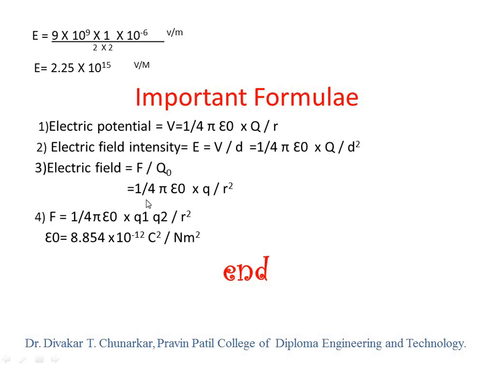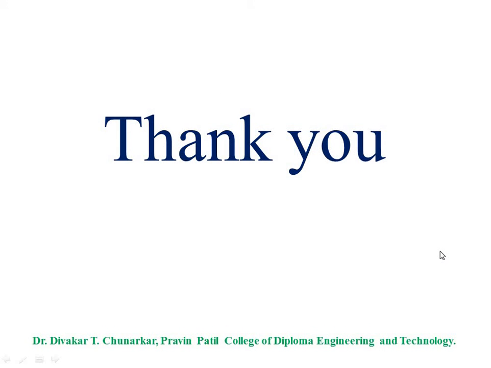And last, F equal to 1 upon 4 pi epsilon 0 into Q1 Q2 upon R square. Generally the value of epsilon 0 is given in the numerical problem. If not, you have to remember this value of epsilon 0, keep it in your mind. So students, today I stop here.